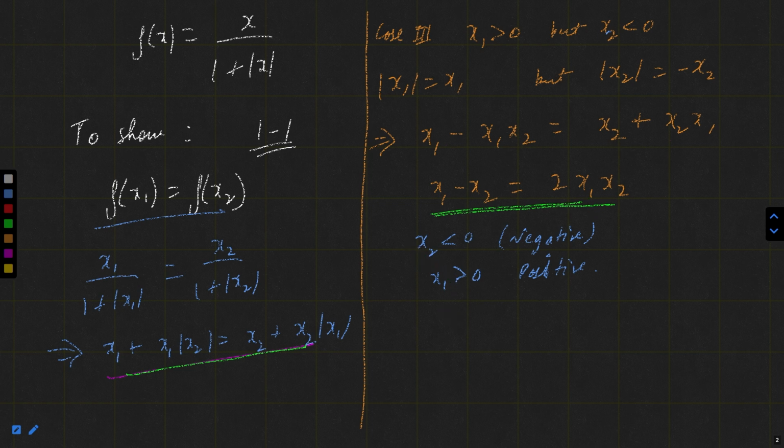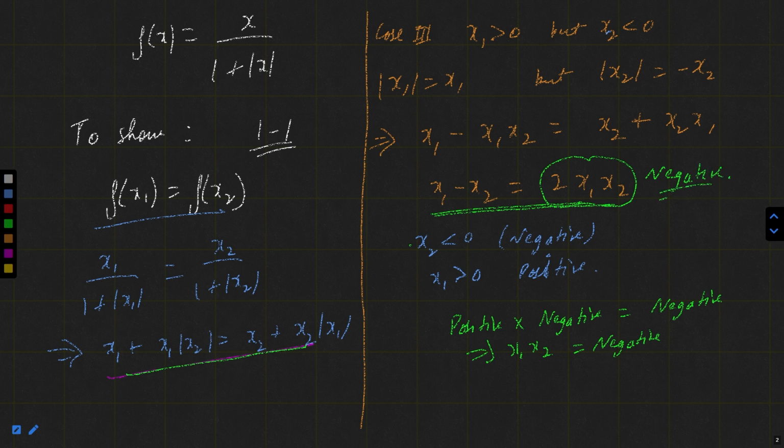A positive number multiplied by a negative number, what will be the answer? Is it positive or negative? Negative. So this implies that x1 x2 will be some negative number. This means this expression will be negative. We agree.